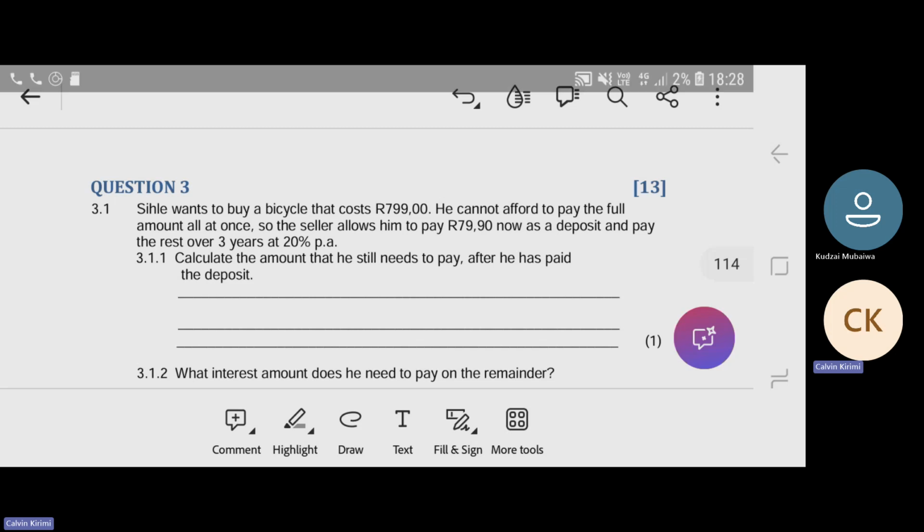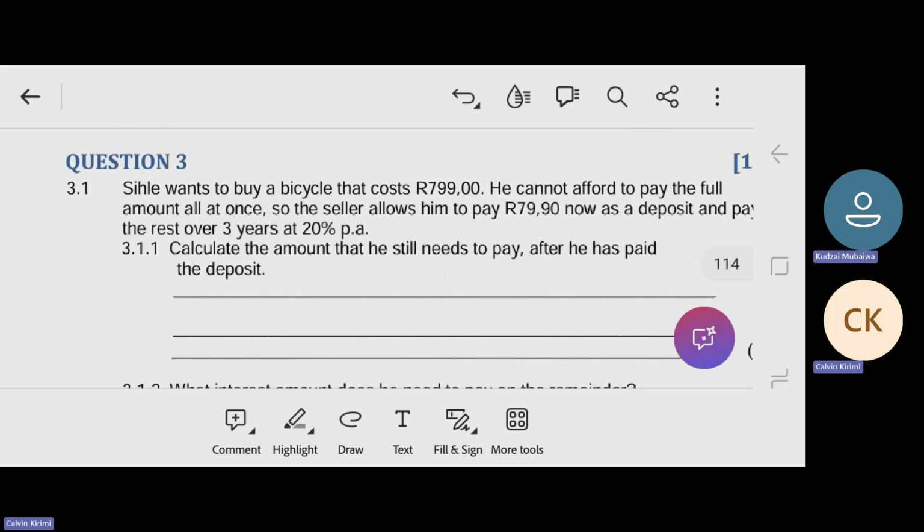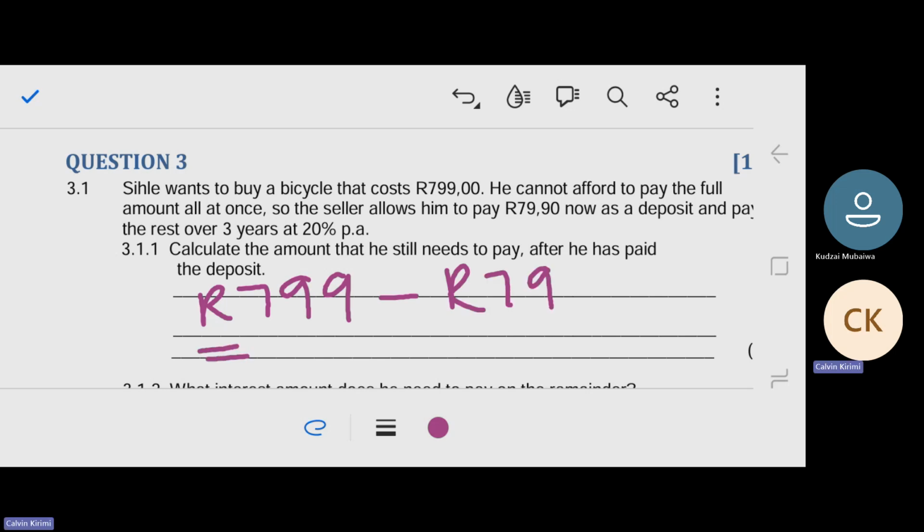What do we do then? The amount that he still needs to pay after paying the deposit. We're going to say 799 minus 79 rand 90 cents. What is the answer?